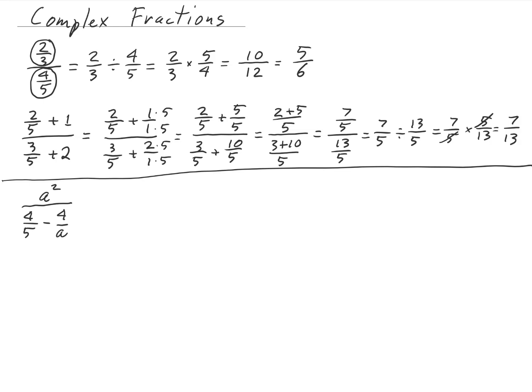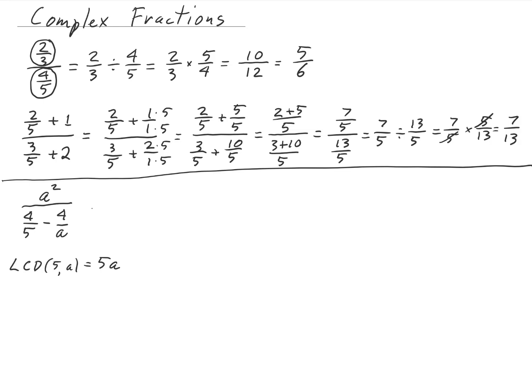Well, that's easy. You just write a squared over 1. The bottom consists of the difference of two fractions. So we need to combine those two fractions, getting a common denominator. And that common denominator is going to be a product of those denominators. So it's going to be 5 times a.